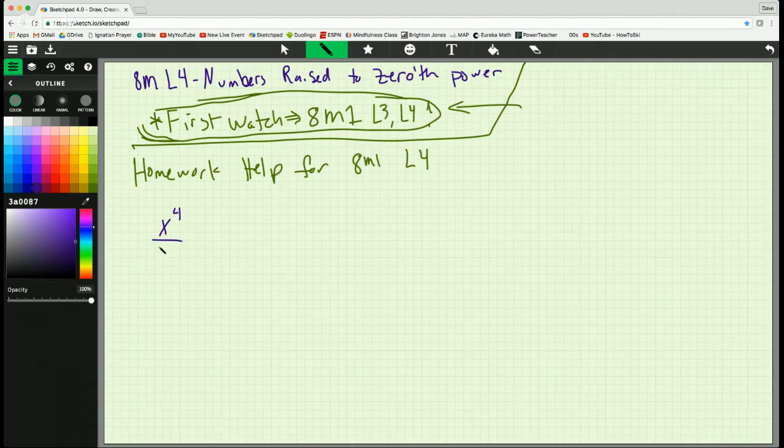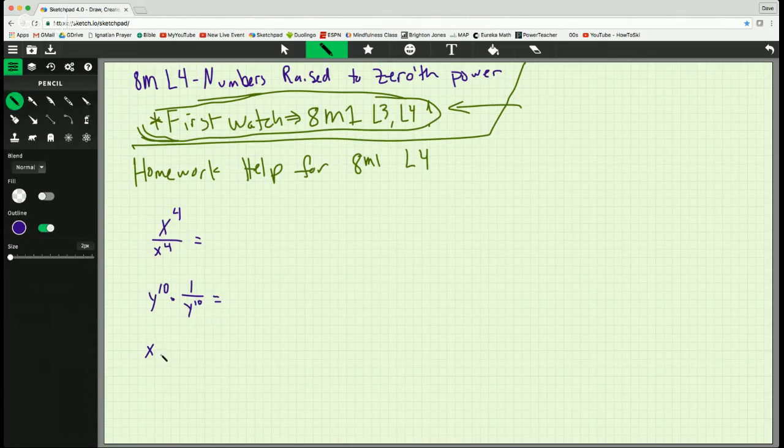X to the 4th over x to the 4th equals. We're going to do one that says y to the 10th times 1 over y to the 10th equals. Then let's do 3 to the 9th times 4 squared times 1 over 3 to the 9th.